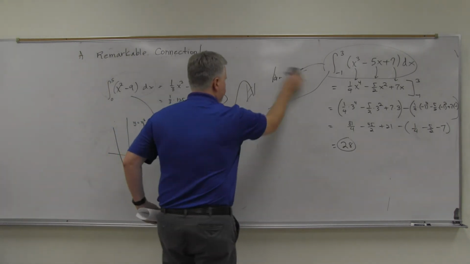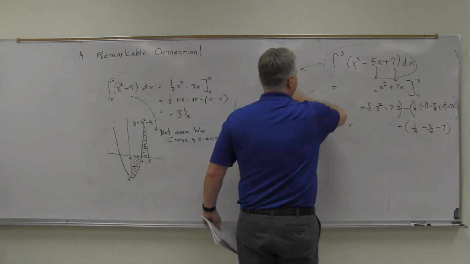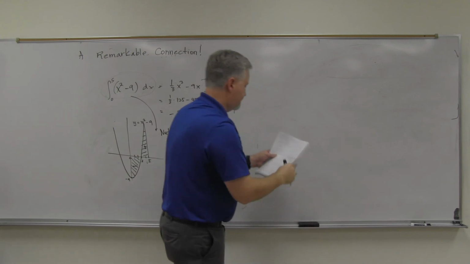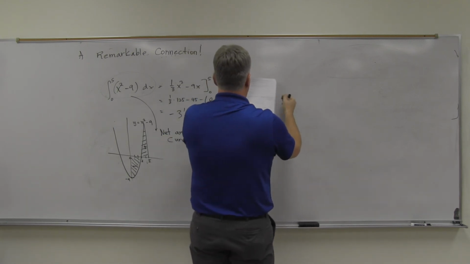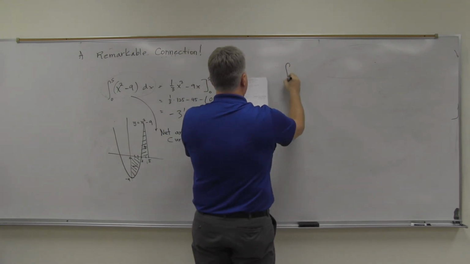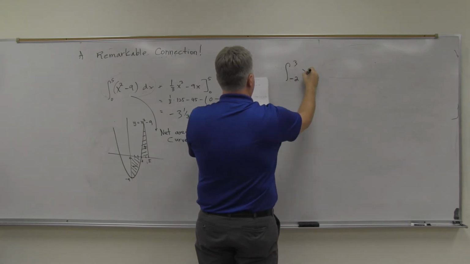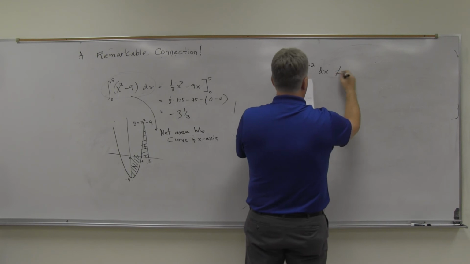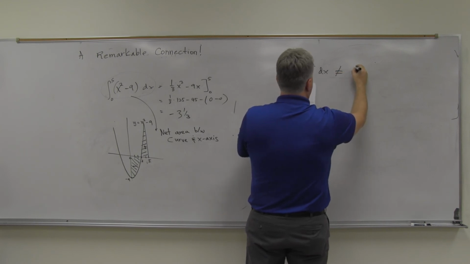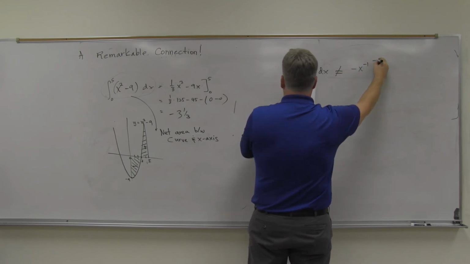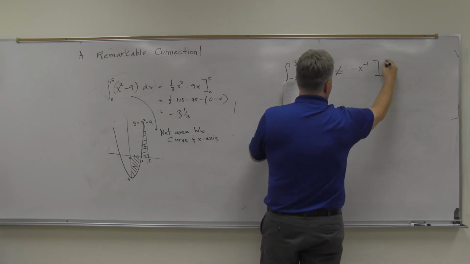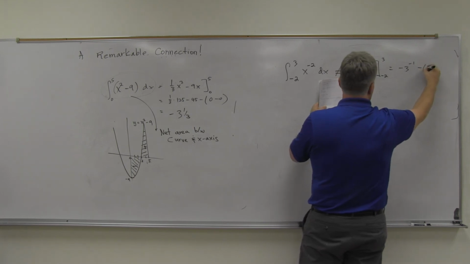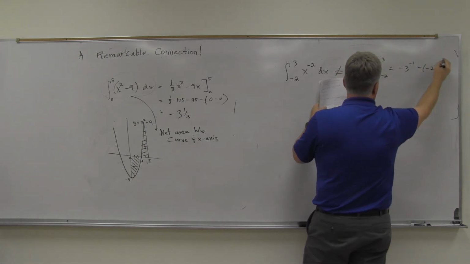All right, now, one more thing. Sorry for keeping you along here, but I didn't even mention this. All right, so the integral from negative 2 to 3 of x to negative 2 dx does not equal negative x to negative 1, from negative 2 to 3, which would be negative 3 to negative 1 minus negative 2 to negative 1.